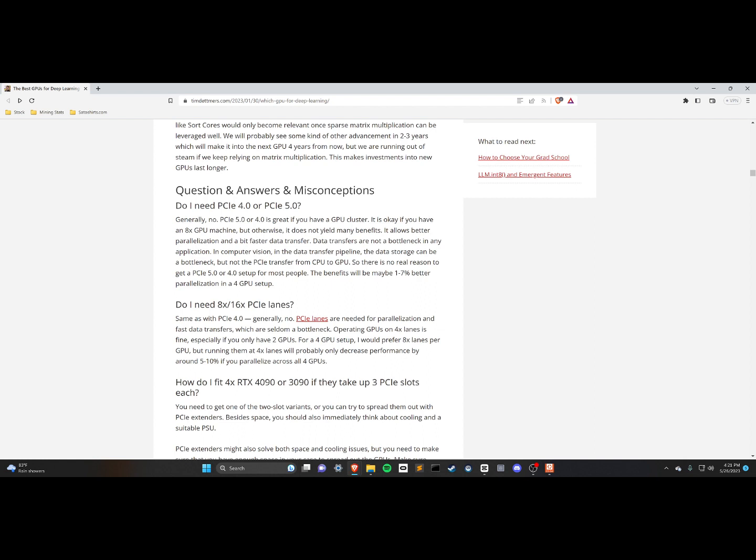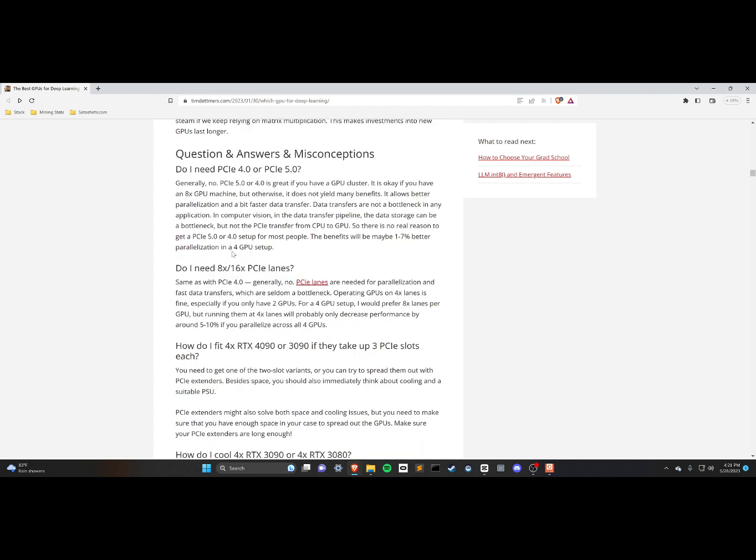It says the benefits may be as little as 1 to 7% better parallelization in a 4 GPU setup. So if you're getting that large, it might be something to look into, but it's not going to break the bank. Usually you don't need to worry about it too much.